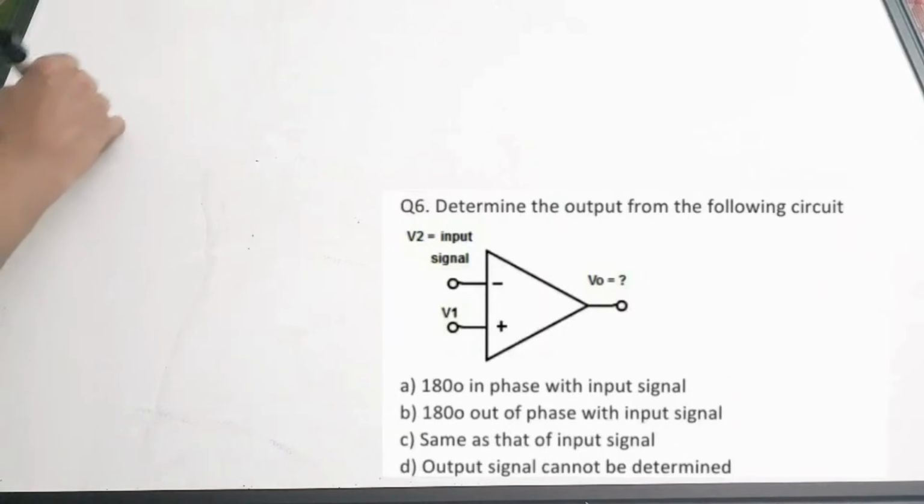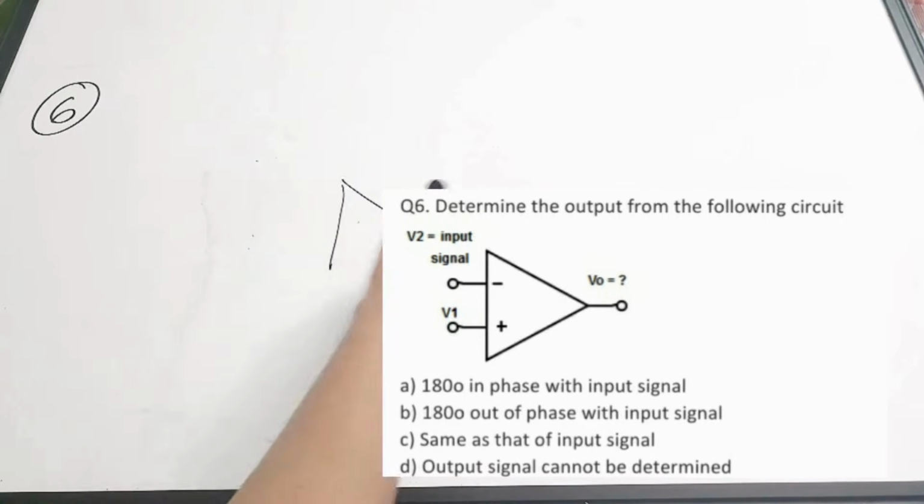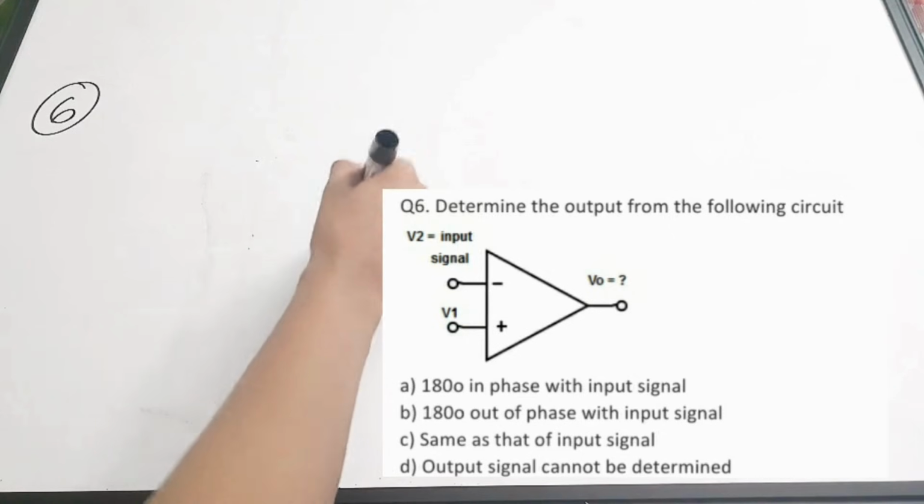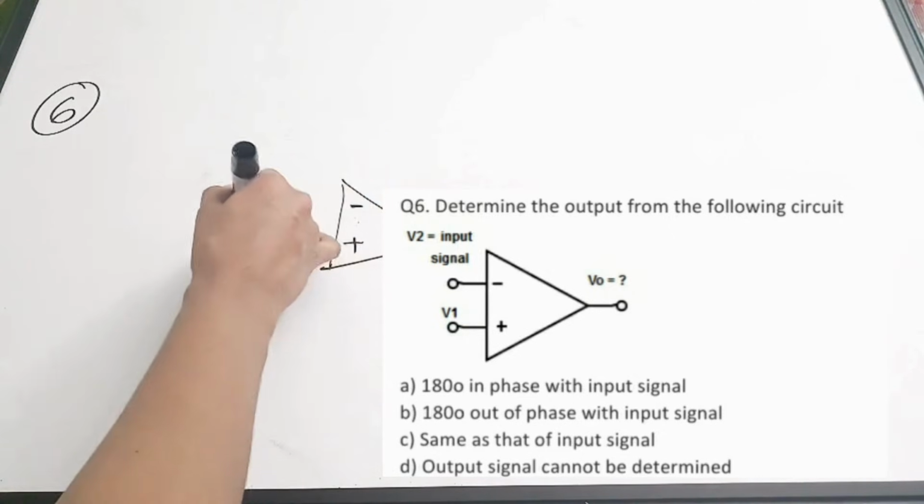Okay. Sixth question. The sixth question, a figure is given. Determine the output of the following circuit. I'll draw the circuit for you. Anyway, you can see it on the board. There is an inverting terminal, and there is a positive terminal, which is the non-inverting terminal.